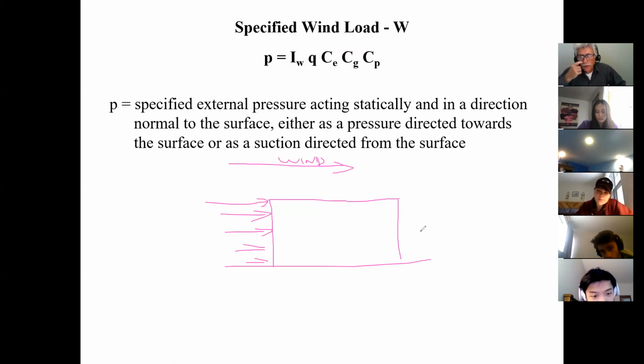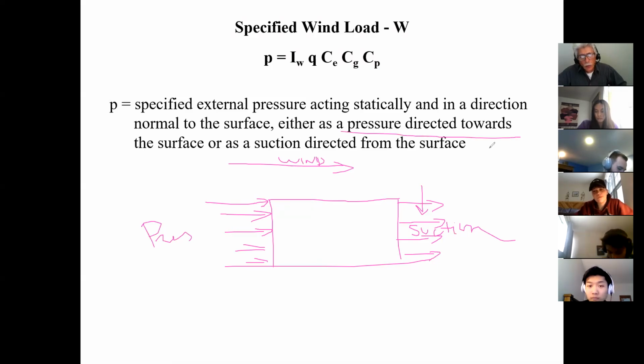What do you think happens on this side of the building? Does the wind push against the building, or does the wind go away from the building? Yeah, in other words, on this side, the wind blows away from the building and it causes a suction, okay? This is a suction on this side. And on this side, the wind blows towards the building, it causes a pressure. And that's why they say either a pressure directed towards the surface or a suction directed away from the surface.